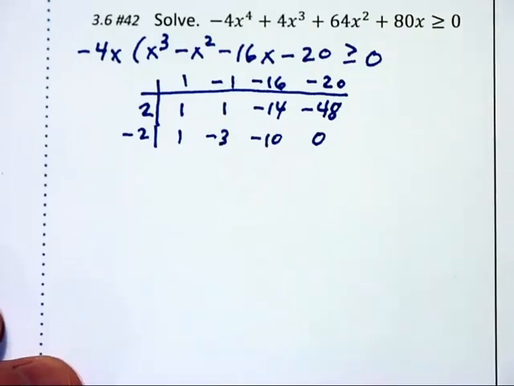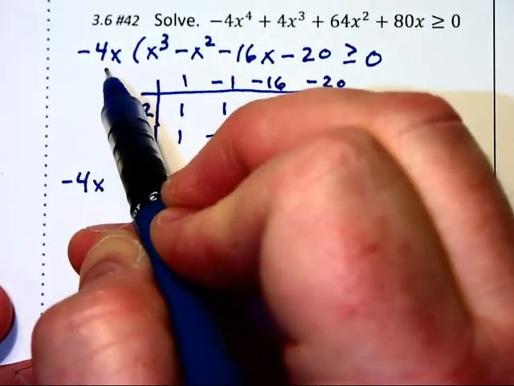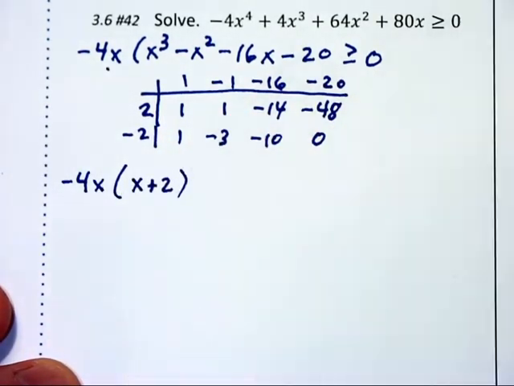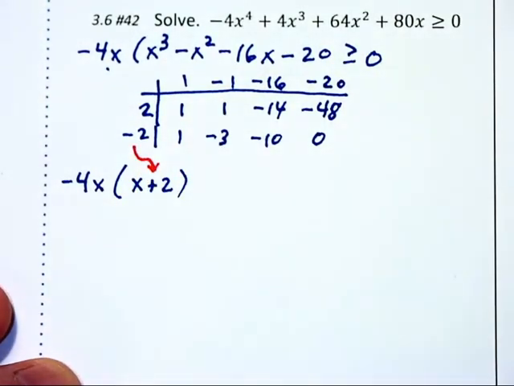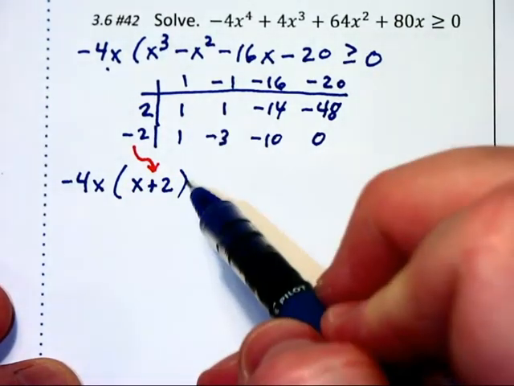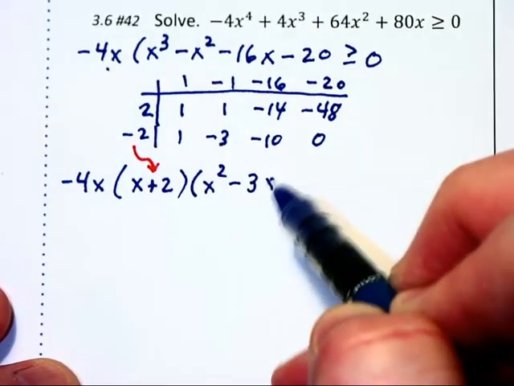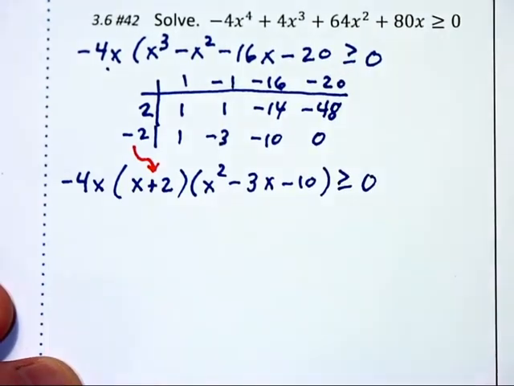Now I can factor this polynomial as negative 4x, which I'm just bringing down from up top, times x plus 2, which is what I get when I change the sign from the synthetic division back to the factored form, times the trinomial x squared minus 3x minus 10. All that needs to be greater than or equal to 0.